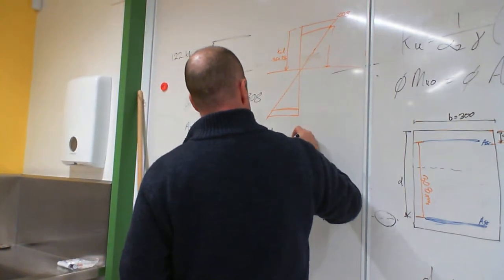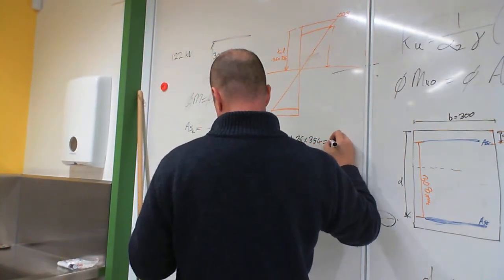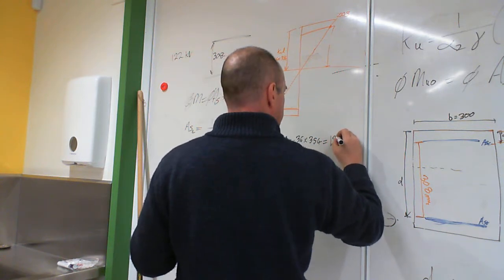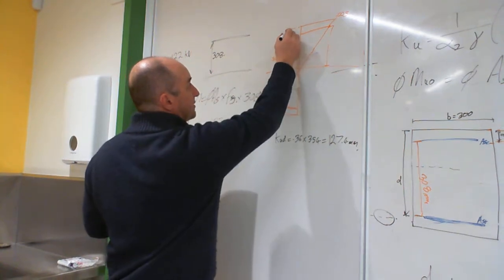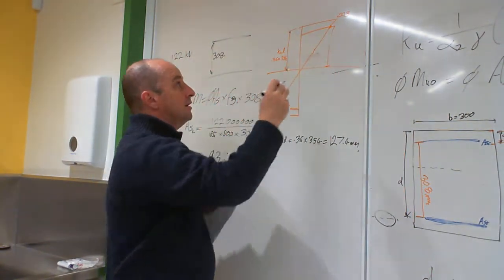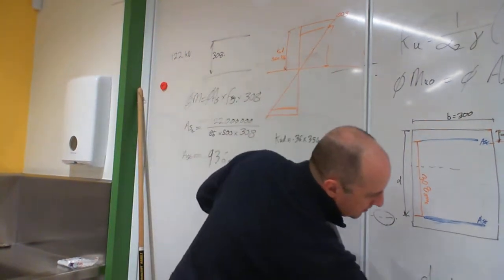KUD is 0.36 times 354, which equals 127.4 millimeters. That distance there is 127.4. What's that distance? That is 127.4 minus that 46.